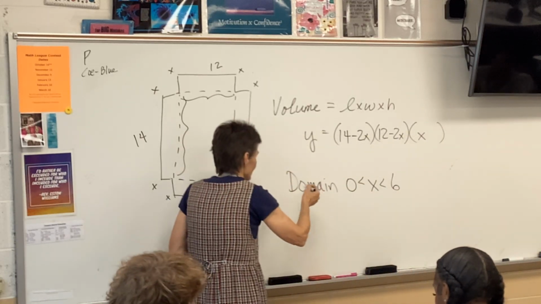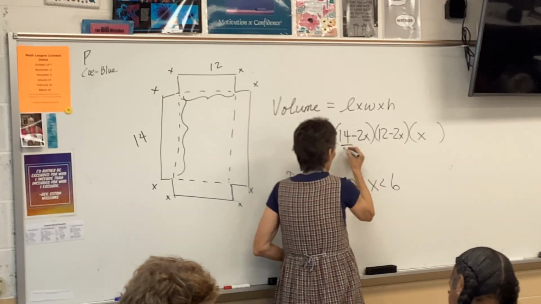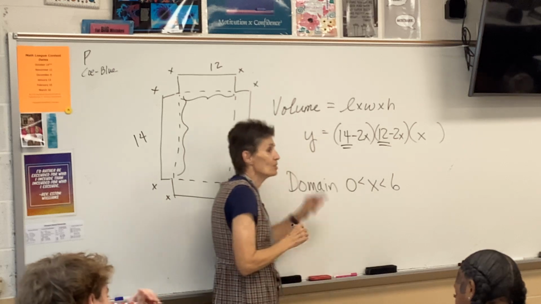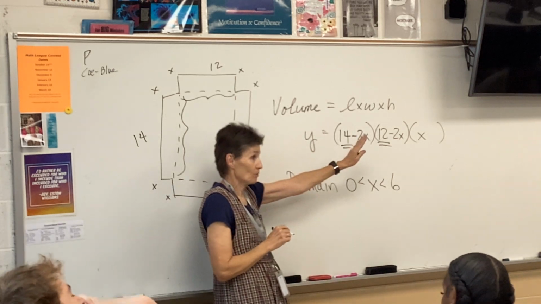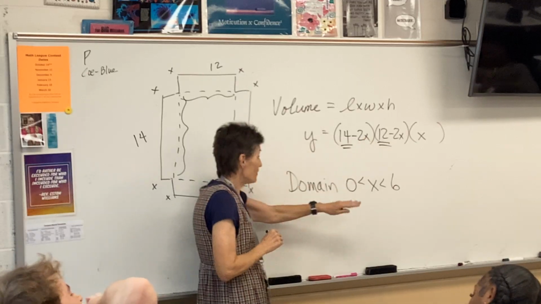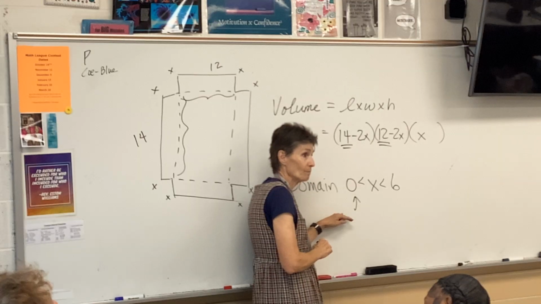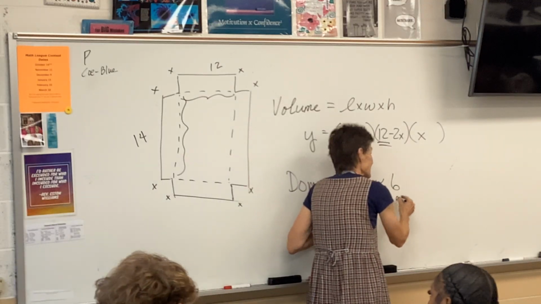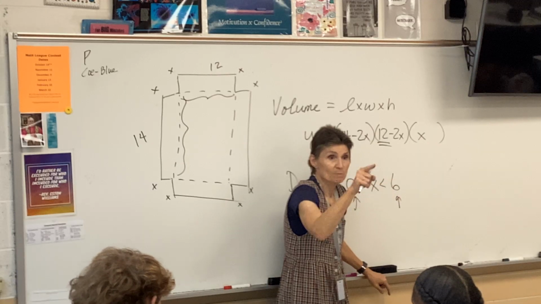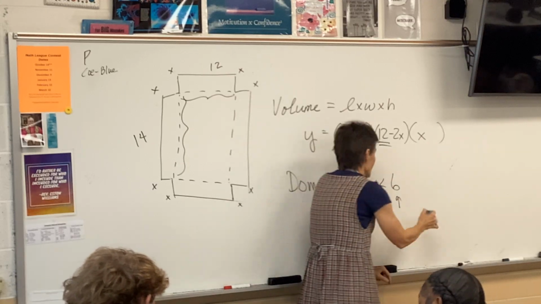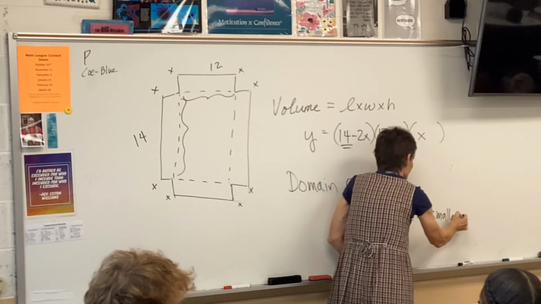Now, the rule. Remember, this equation is never going to change. Whatever the paper size is, you'll stick those numbers in. But otherwise, that's your equation for the volume of the box. This is always going to be 0, and this is going to be half of the smallest dimension.